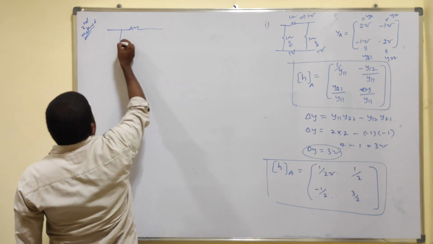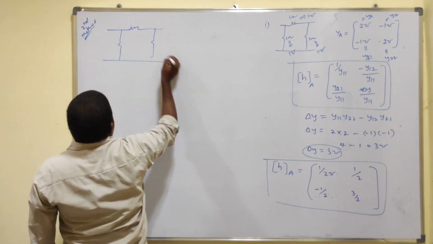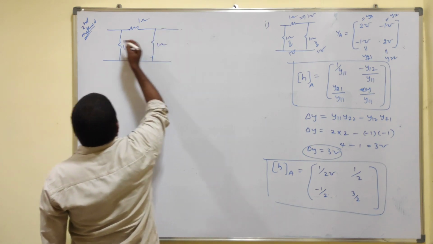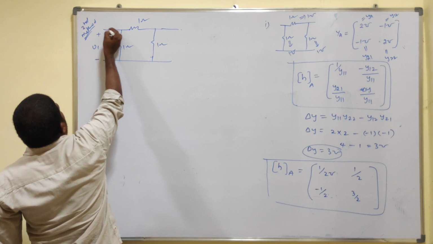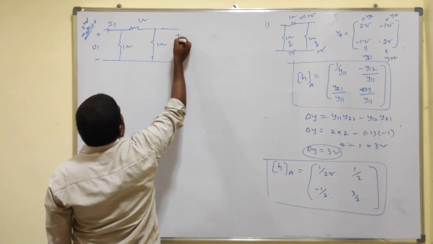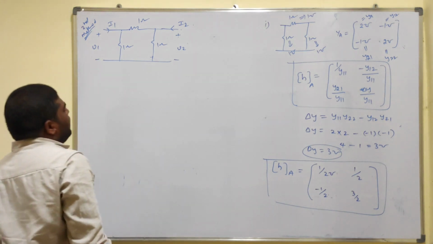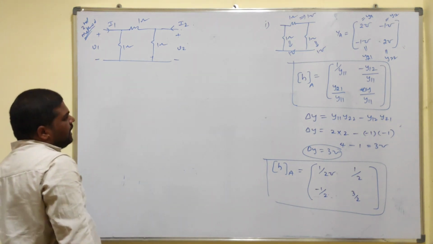Here we have 1 Ω, 1 Ω, and 1 Ω. Here we have V1 and I1, and here we have V2 and I2. Now we need the H parameters.